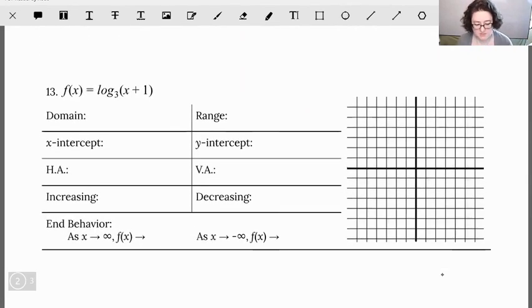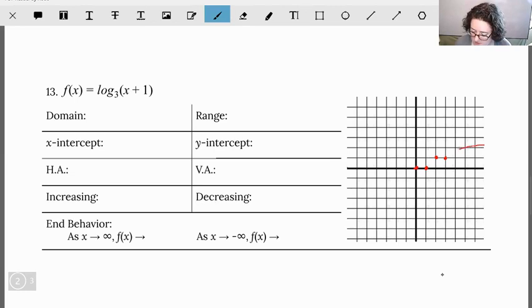So log base 3 of x plus 1. Well, our log base 3 graph before had points at (1, 0) and (3, 1). So if we have a plus 1 inside the function, what does that mean is going to happen with all of the points on our graph? Well, everything just gets shifted over to the left by 1 unit.